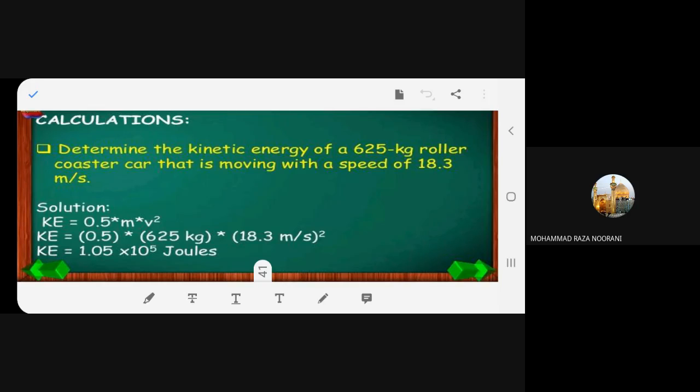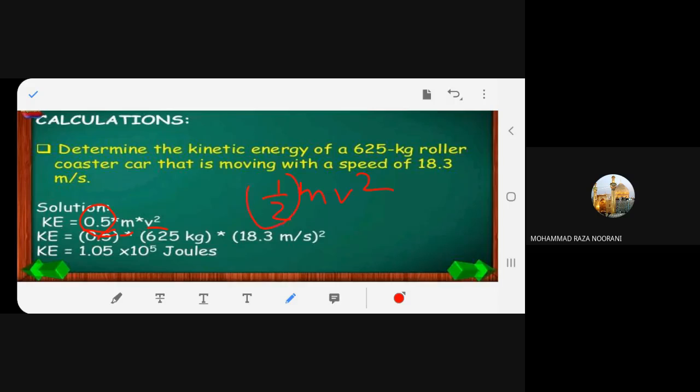Determine the kinetic energy of a 625 kg roller coaster car that is moving with a speed of 18.3 meter per second. What is the solution? See, instead of half mv square, they have put 0.5.